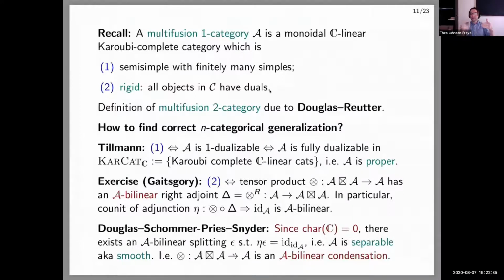It's A bilinear. Now, because my underlying category is semi-simple with finitely many simples, this functor automatically has an adjoint at the level of a functor. What Dennis shows is that your category has duals if and only if the adjoint functor, which I'm going to call delta, is actually an A bilinear functor. So it's a map of bimodules.